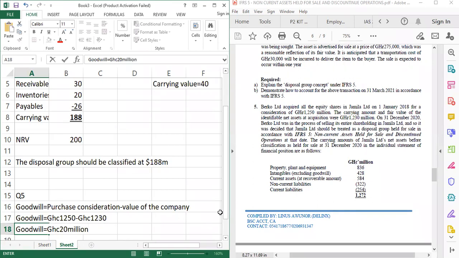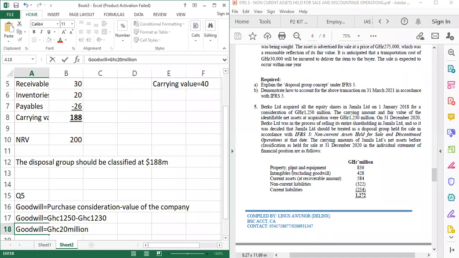But come to this place. Beko was in the process of selling its entire shareholding in Jamila, and so it was decided that Jamila should be treated as a disposal group held for sale in accordance with IFRS 5, Non-current Assets Held for Sale and Discontinued Operations. At that date, the carrying amount of Jamila's net assets before classification as held for sale at 31 December 2020 in the individual statement of financial position are as follows.